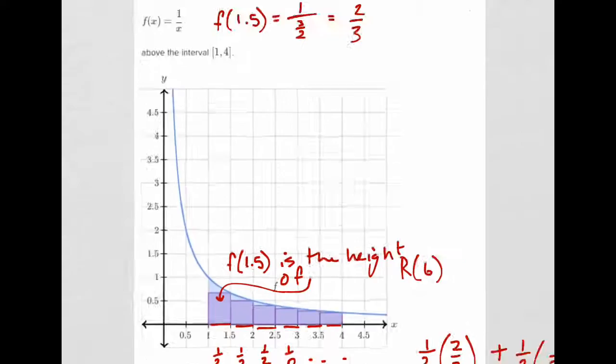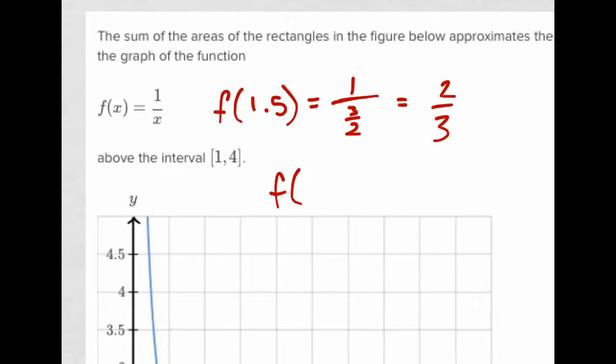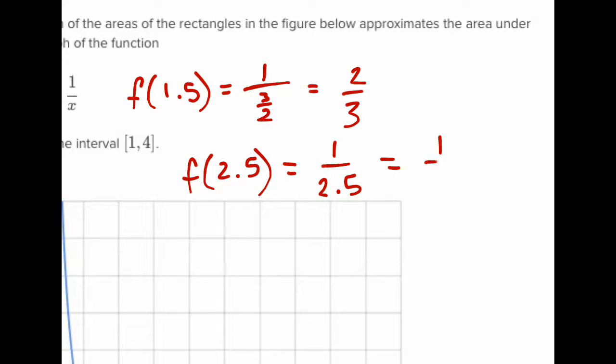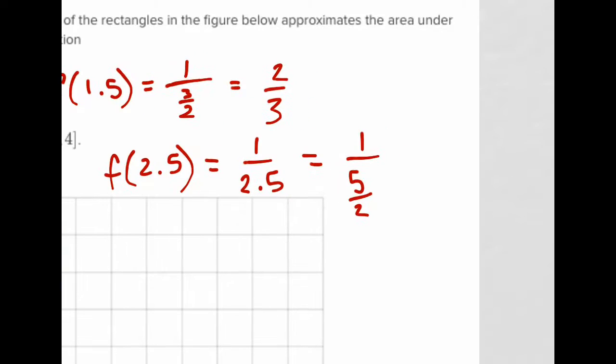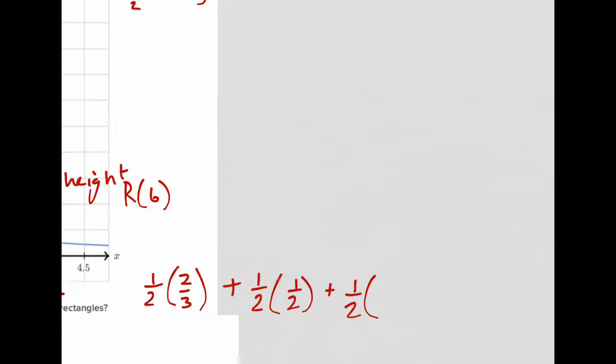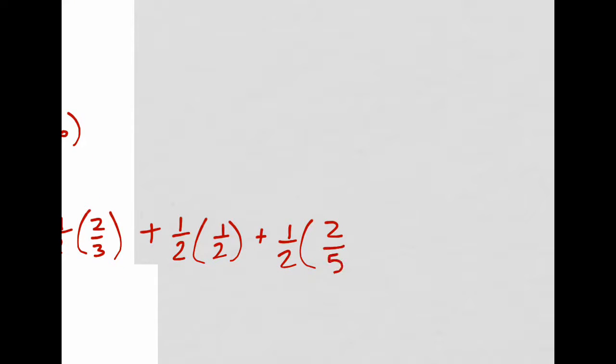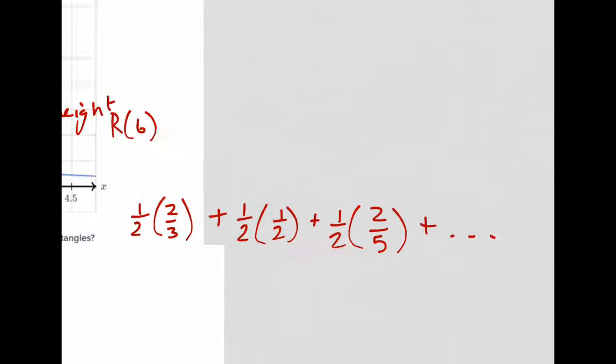So f of 2.5 is 1 over 2.5, the same thing as 1 over 5 over 2. Flip the second one and multiply, so that will be 2/5. So 2 over 5 plus, and so on.